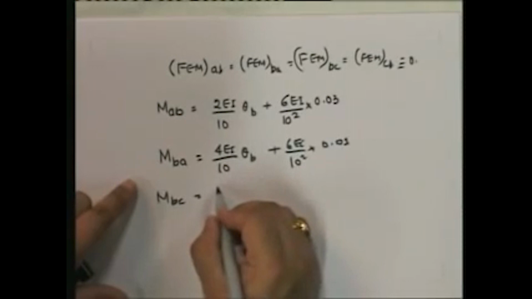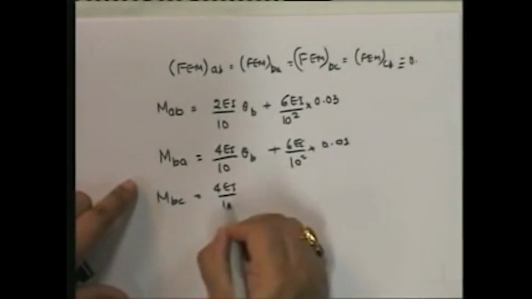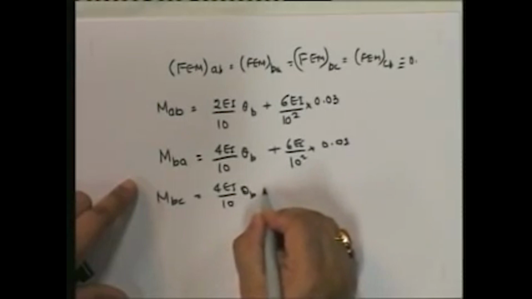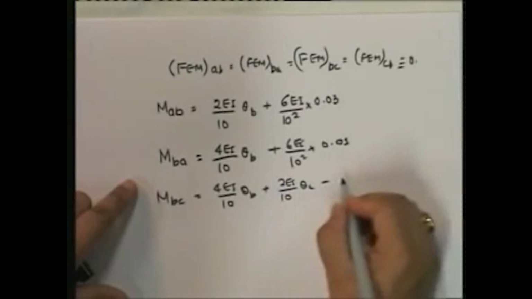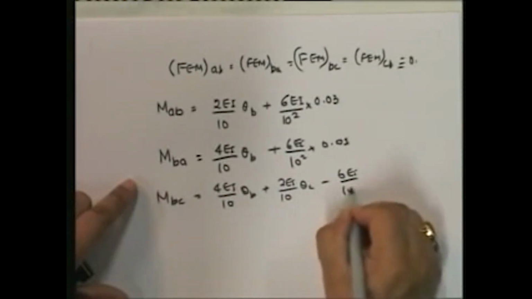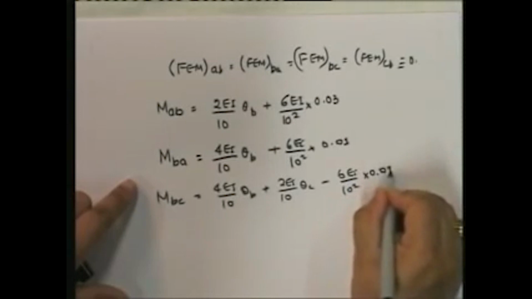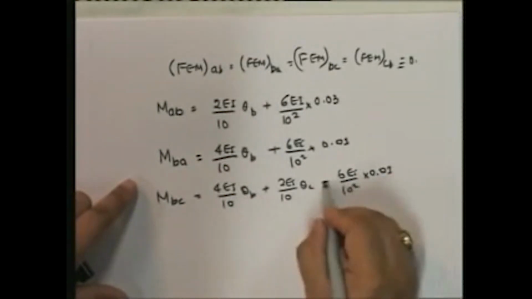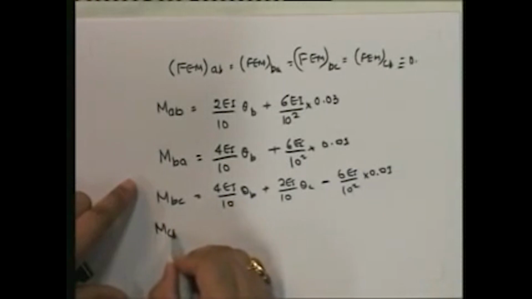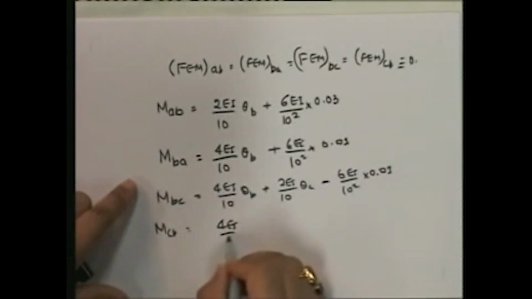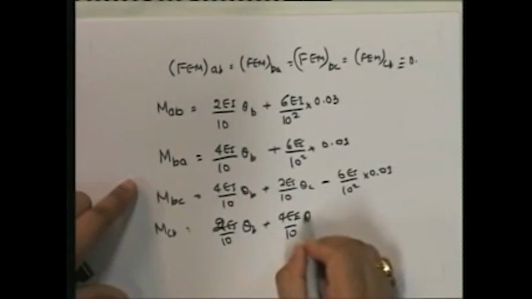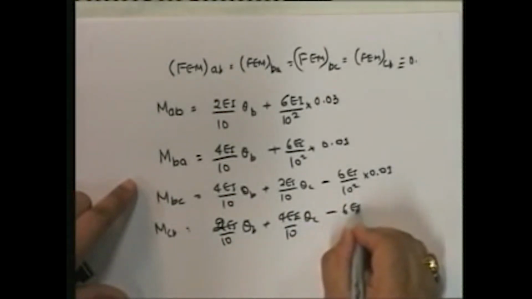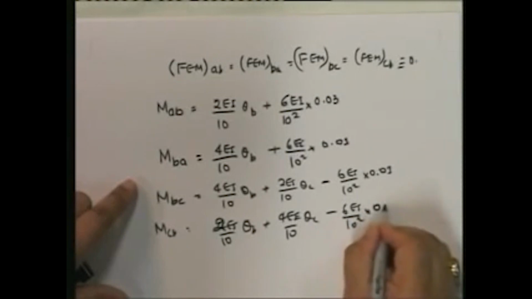MBC is equal to 4EI upon 10 theta B plus 2EI upon 10 theta C minus 6EI upon 10 squared. Note that in BC, delta is positive, so that's why this is this way. And MCB is 2EI upon 10 theta B plus 4EI upon 10 theta C minus 6EI upon 10 squared.